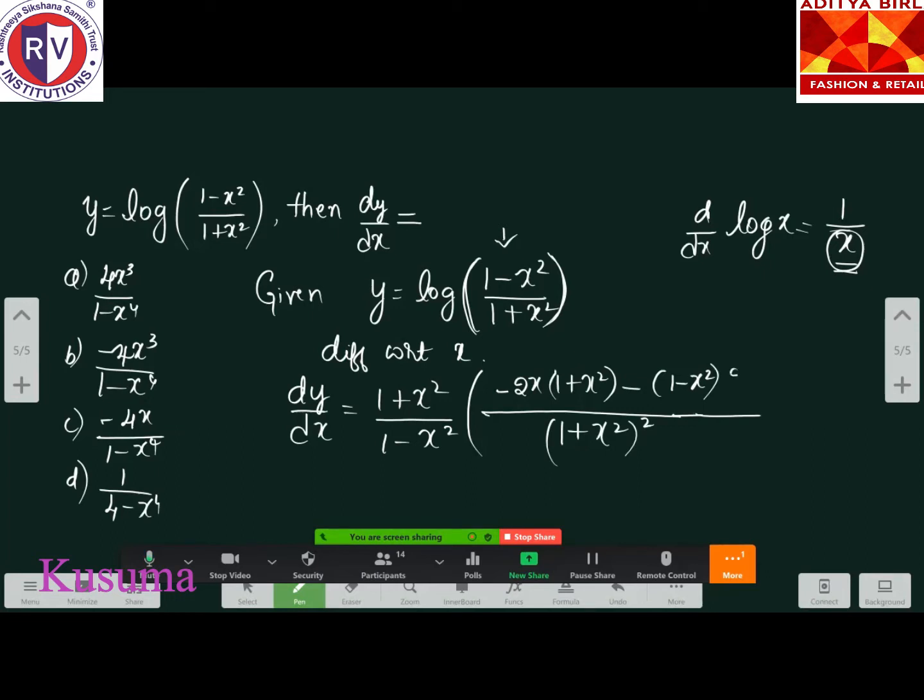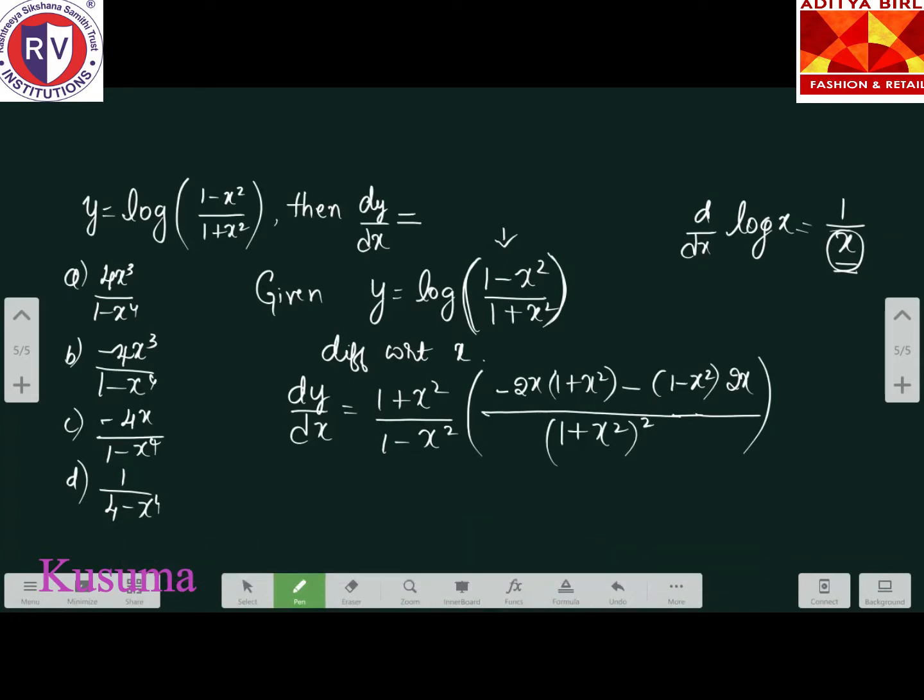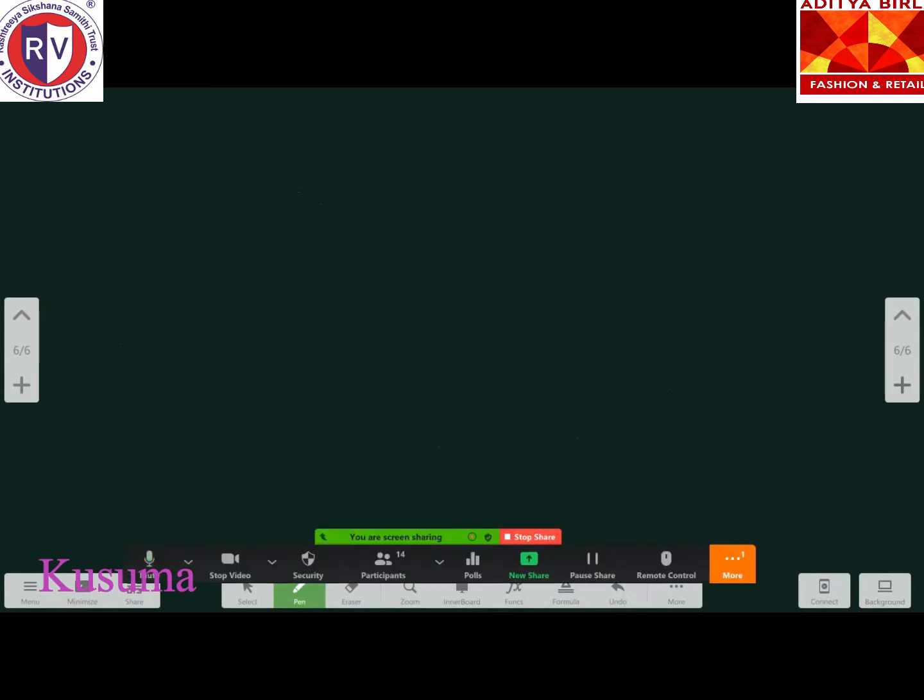So here it will be 2x. Is the differentiation clear? Have you understood till here? Yes, ma'am. Now we just have to simplify this. Okay. Now let us simplify.